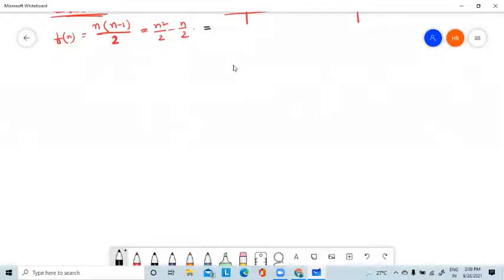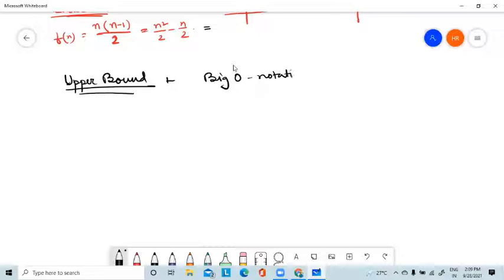The upper bound of any algorithm is represented by big O notation, which is the asymptotic notation used to represent the upper bound of an algorithm.